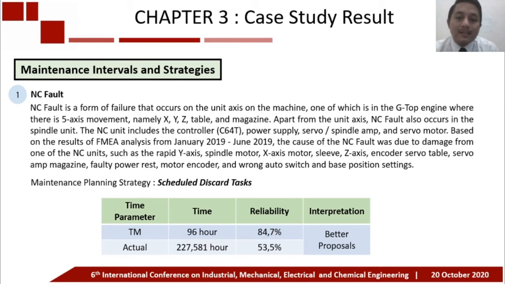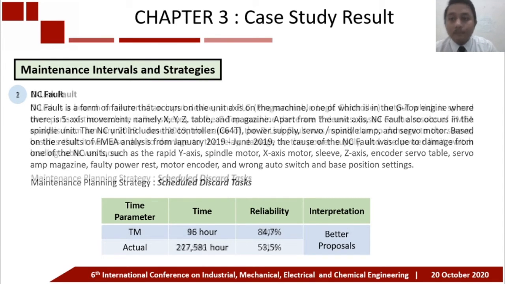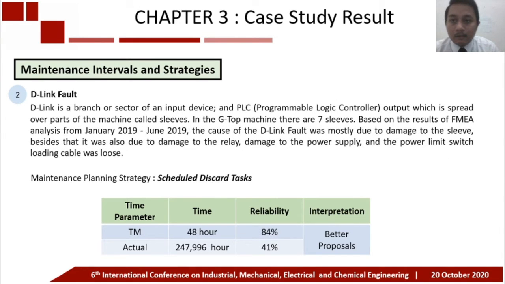We propose the scheduled discard task with the time parameter of 96 hours. The second is dealing fault. Dealing is a branch or sector of an input device and PLC output, which is spread over parts of the machine called sleeves. We propose the scheduled discard task in 48 hours.